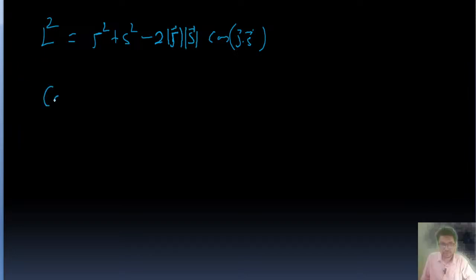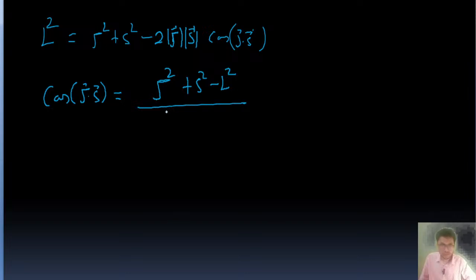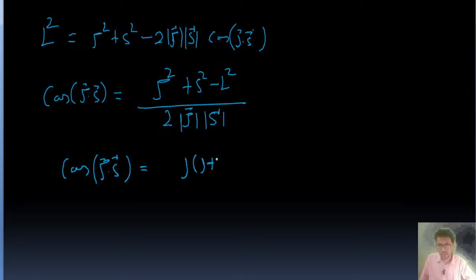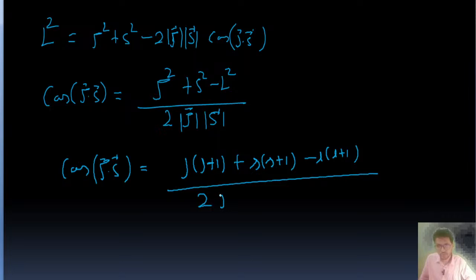So cos of J dot S is going to be J square plus S square minus L square upon 2 J into mod S. So this value, cos of angle between J and S, is going to be J into J plus 1 plus S into S plus 1 minus L into L plus 1, upon 2 root J into J plus 1 and root S into S plus 1.